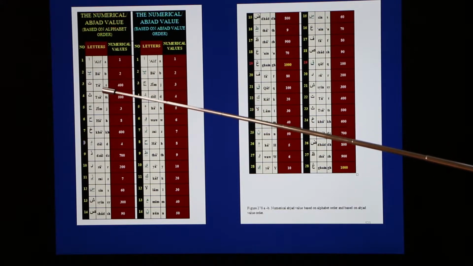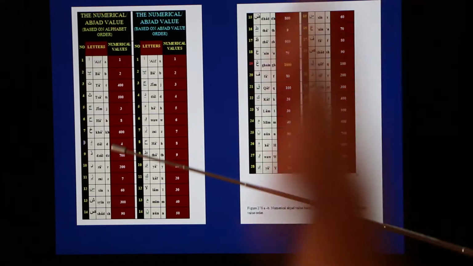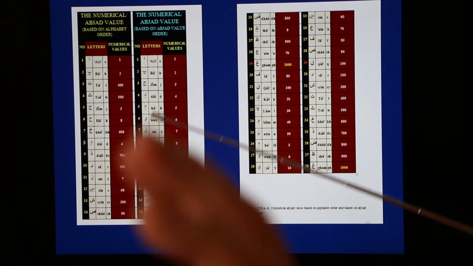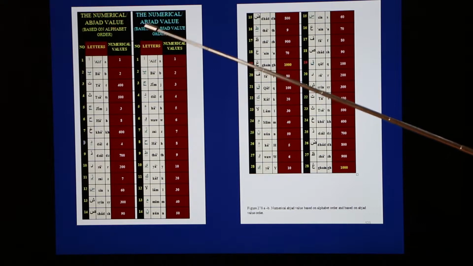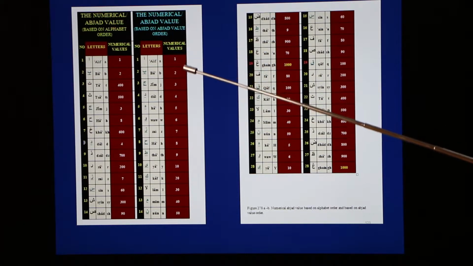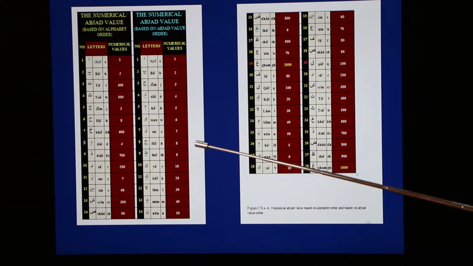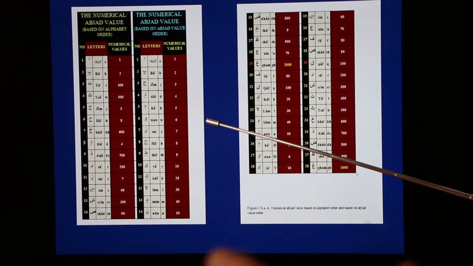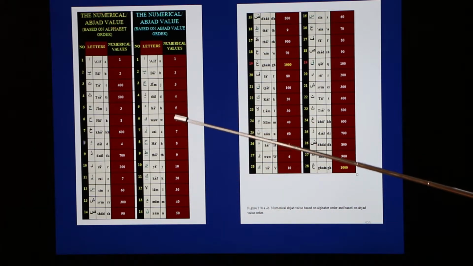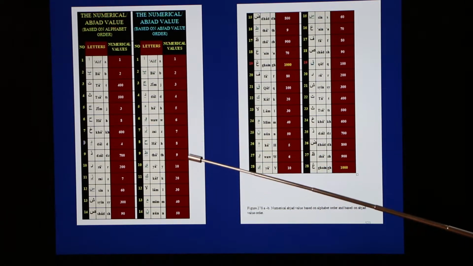So A, B, T, A, Ba, Ta, Tsa. Remember I showed you that there's, and then this is the numerical abjad value based on abjad value number. So this is letter 1, 2, 3, 4, ending up with 900 and 1,000. And those last 3 letters, Ha, Va, and Ya, are now letters 5, 6, and 10.